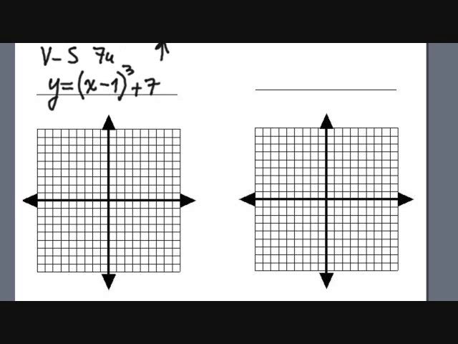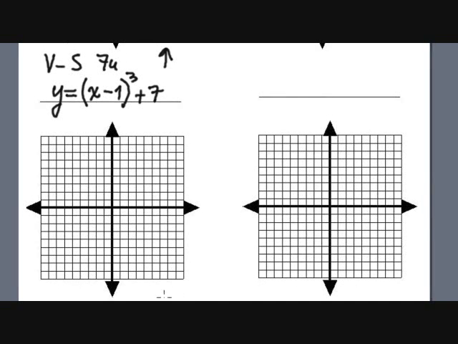Okay, in this case the point would be 1, 7. 1, 2, 3, 4, 5, 6, 7 here. And this is 1, 1. And this is negative 1, negative 1. And approximately the curve looks like that.